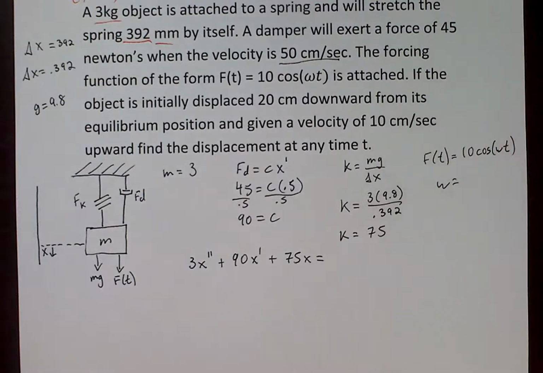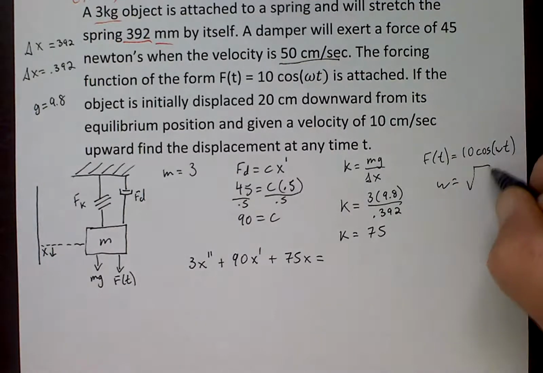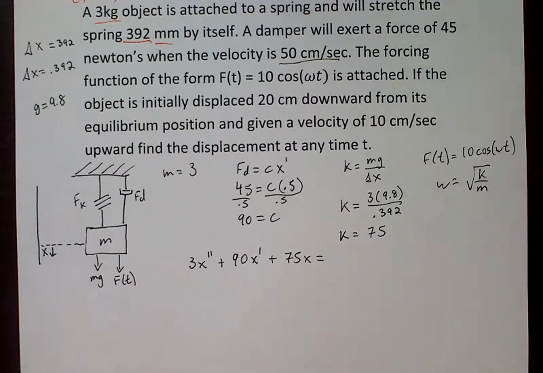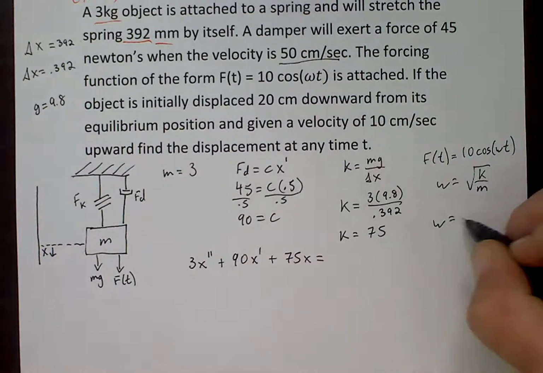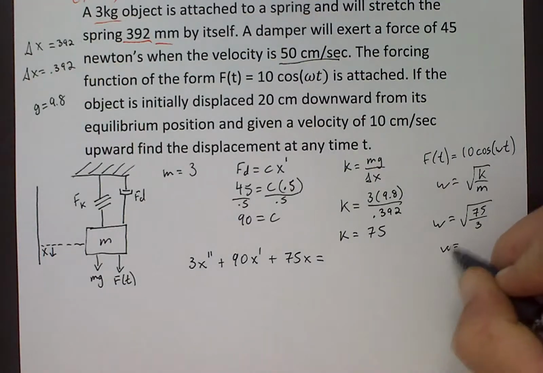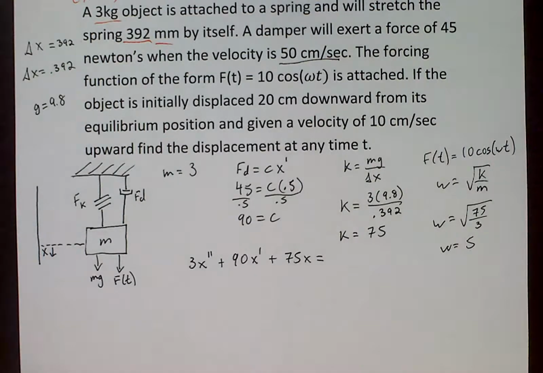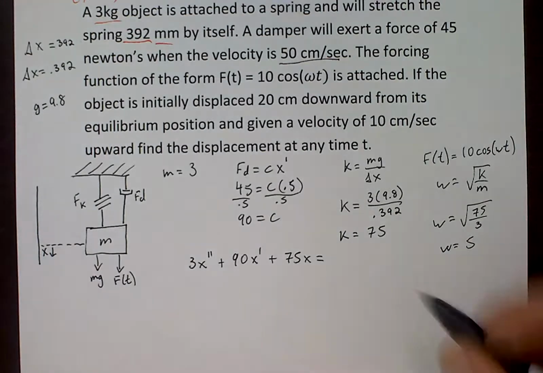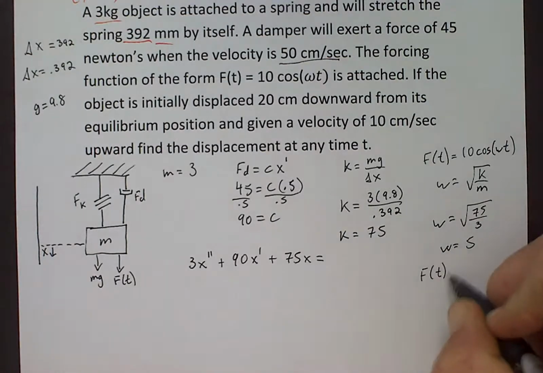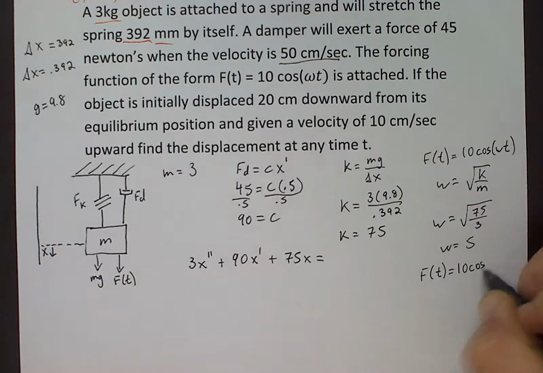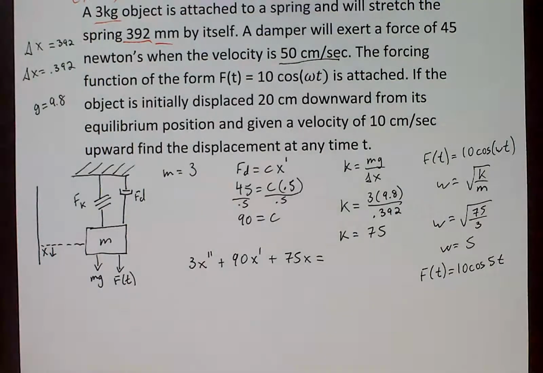We have a formula explained in the long video last time. Square root of k over m. So plugging our values in, same thing as the last problem, it's going to be 5. So that means f of t is really 10 cosine 5t.